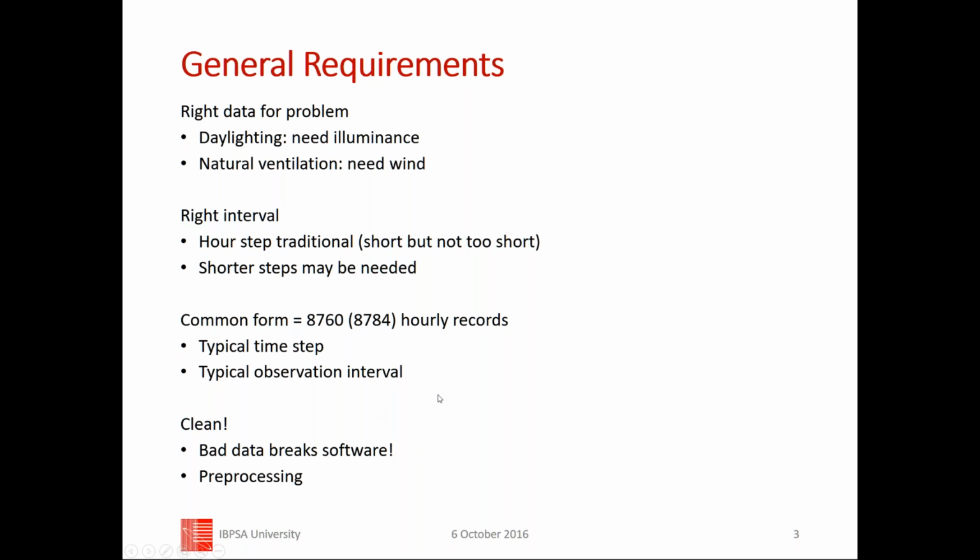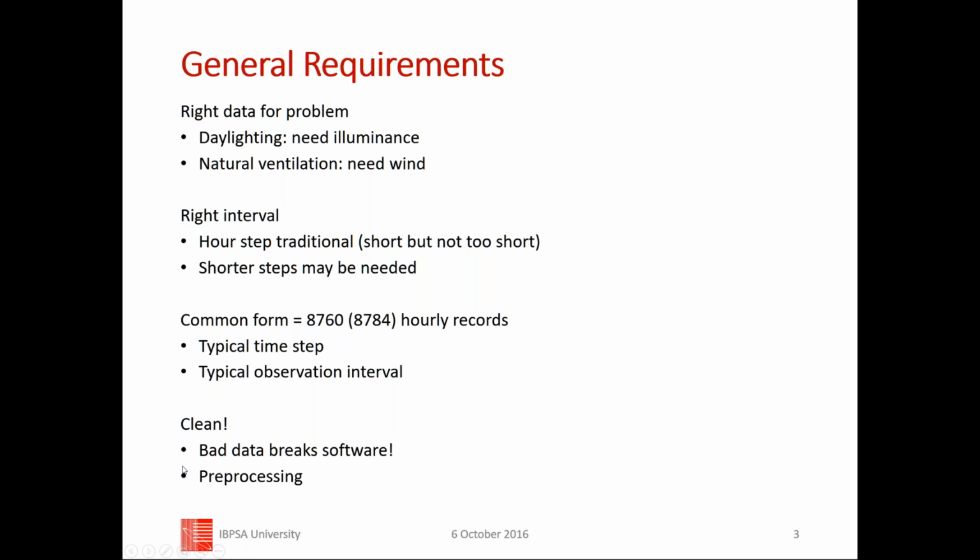Another very important thing about weather data is that it has to be what we call clean, and that means there's no missing data, no negative solar gain, etc. It has to be suitable for the software, because bad data breaks software. You can have situations where you have solar radiation, but the sun is down according to the geometric calculations.